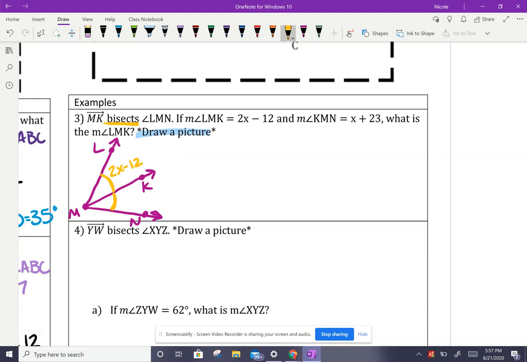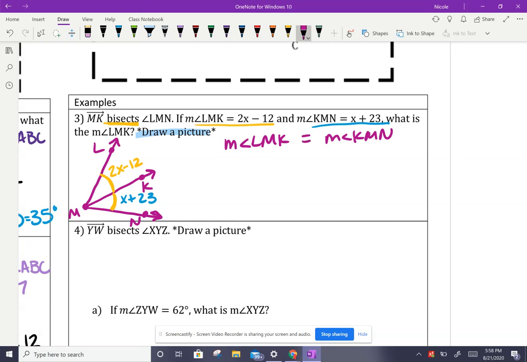And then it also says that angle KMN is x plus 23. Now, because ray MK bisects the angle, that means those two sides are congruent or equal. So what can I say about the measure of angle LMK and the measure of angle KMN?